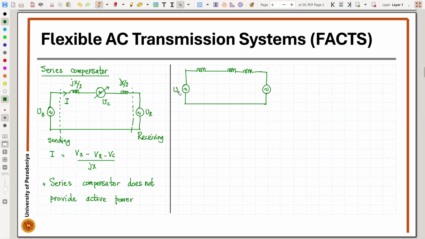We have the sending end and the receiving end, so I mark each half as jX by 2, and we have the compensator.